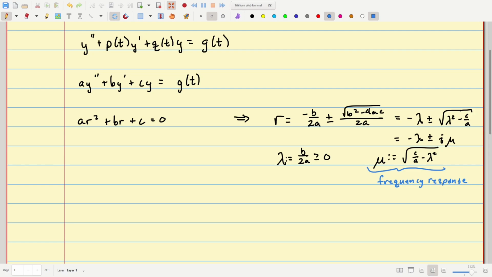Okay. So in a situation where we are going to have complex values for the roots of the characteristic equation, we know that the homogeneous solution is going to have the form y of t equals e to the minus lambda t times c1 cosine mu t plus c2 sine mu t.